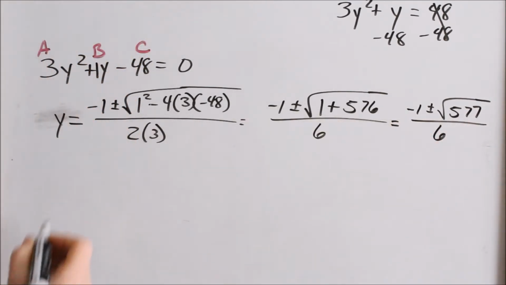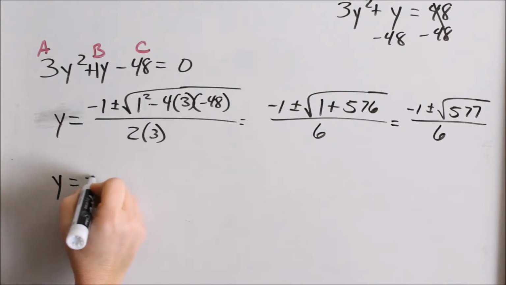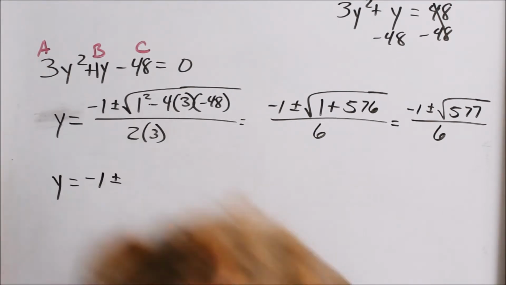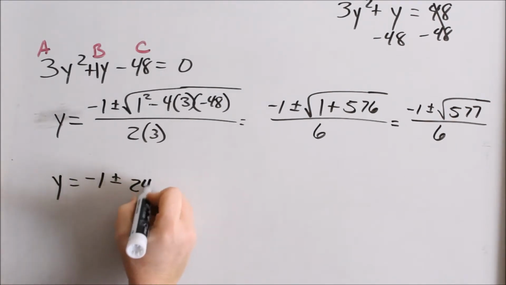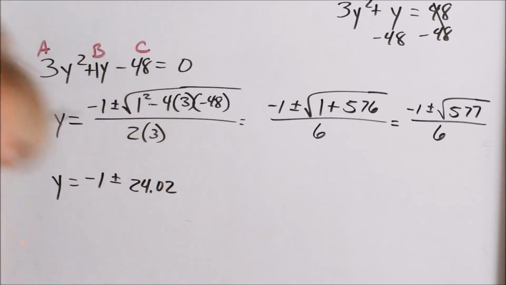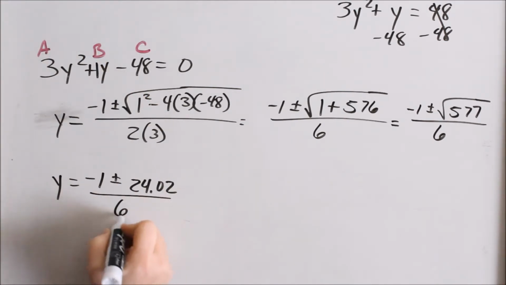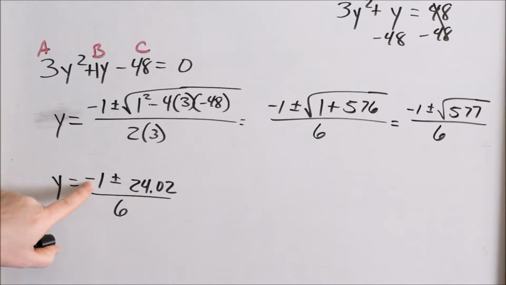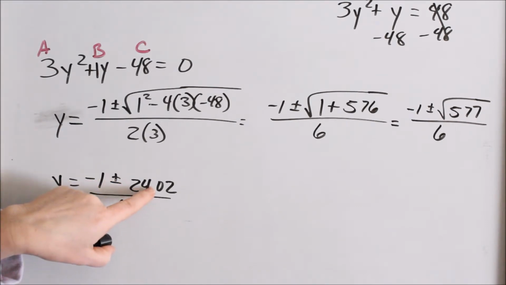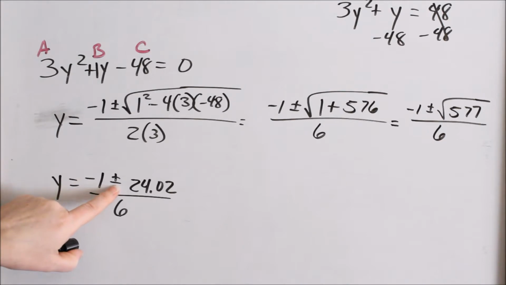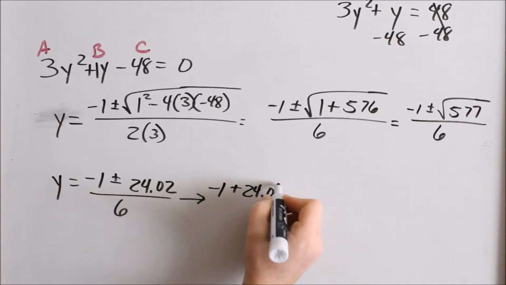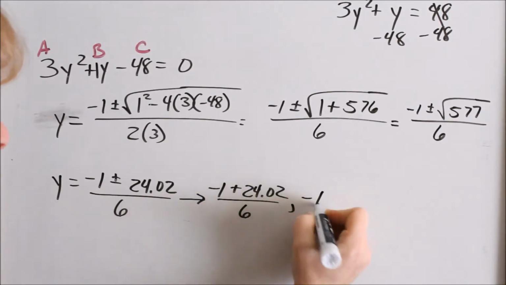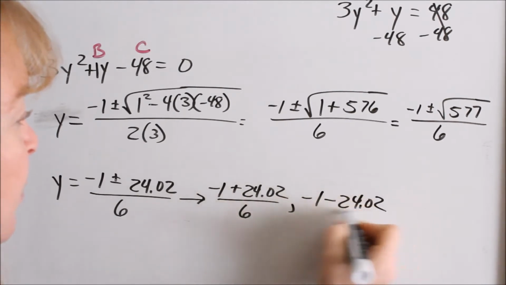I'm going to turn that into a decimal. So basically I have y equals negative 1 plus or minus the square root of 577, which is 24.02. Pretty much could just use 24 probably, divided by 6. I'm still going to carry it to 2 decimals. So it looks like negative 1 plus 24.02 divided by 6, and then negative 1 minus 24.02 divided by 6.